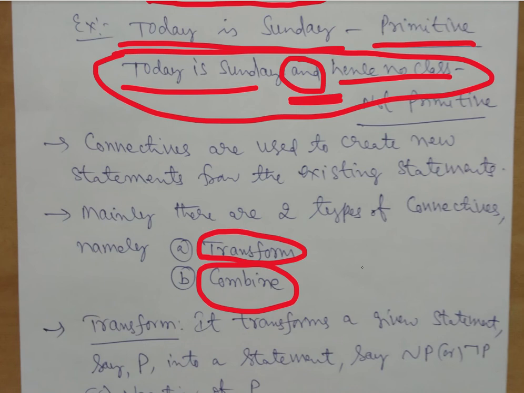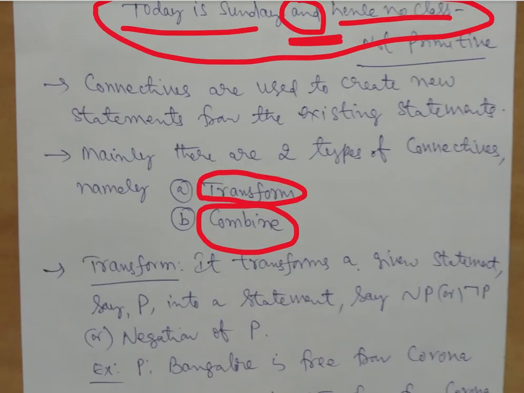As the name says, transform transforms a given statement. The only connective that comes under transform is the negation. It transforms a given statement into a totally different meaning, maybe an opposite meaning, and hence we are transforming a given statement into some other new form. Maybe in this case it is the opposite or negative form, but that is the transform. What is combine?